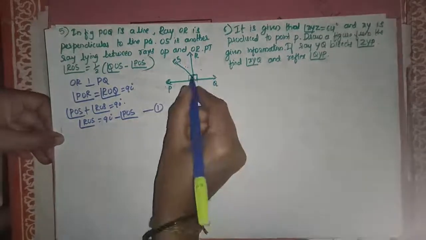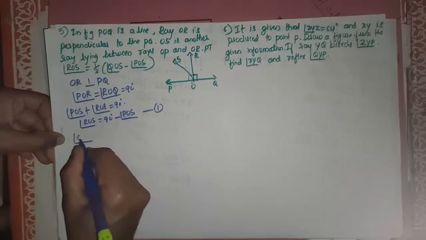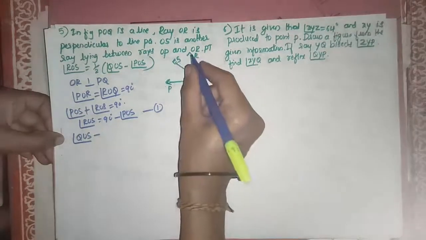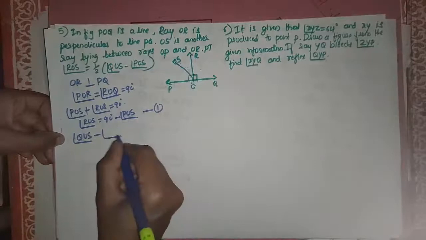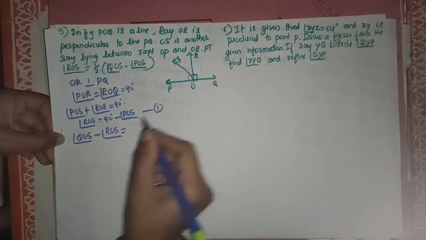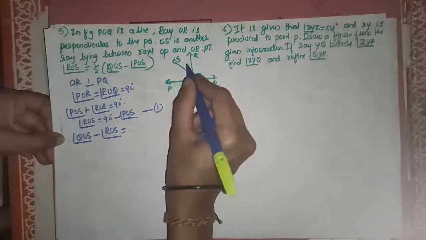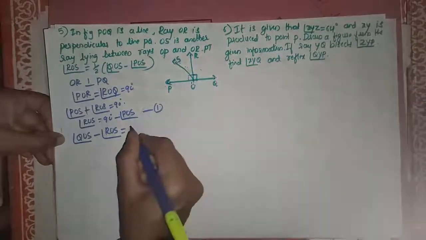So QOS minus ROS equals to 90 degree, because if you remove ROS from QOS then we remain 90 degree.